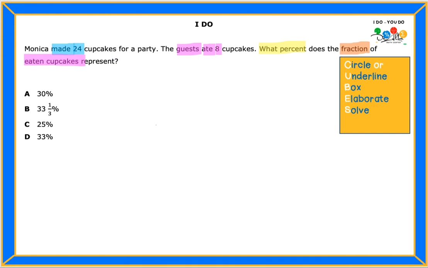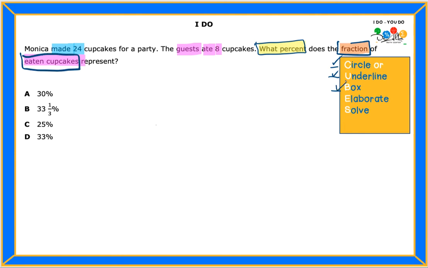So I did underline, and I'm going to say that I circled too, but I didn't circle, I just highlighted instead. And then I'm going to put my question in a box. So they want to know the percent for the fraction that they ate.